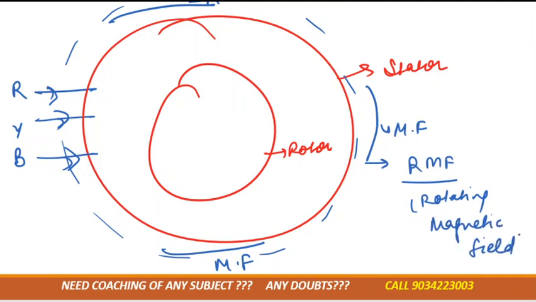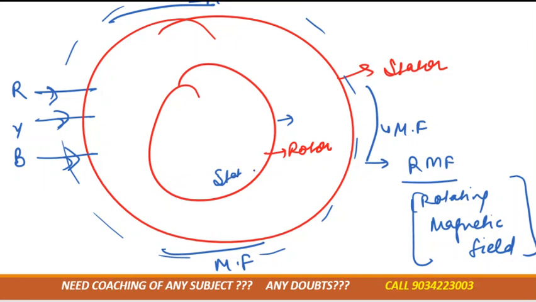So due to this three-phase supply, a rotating magnetic field is generated. If we use a single-phase supply, then the RMF concept will not be there. Now there is a coil in the form of the rotor, but this coil is still stationary.